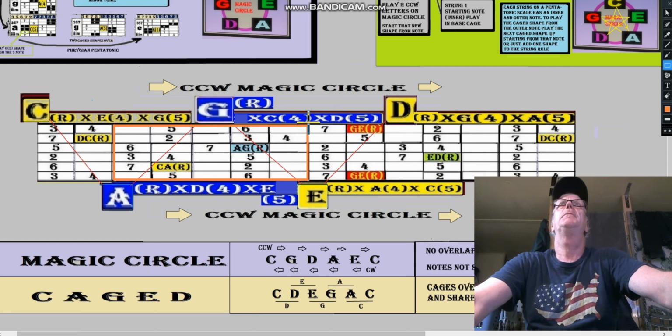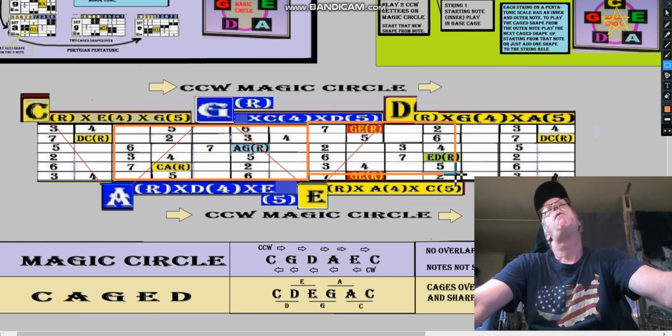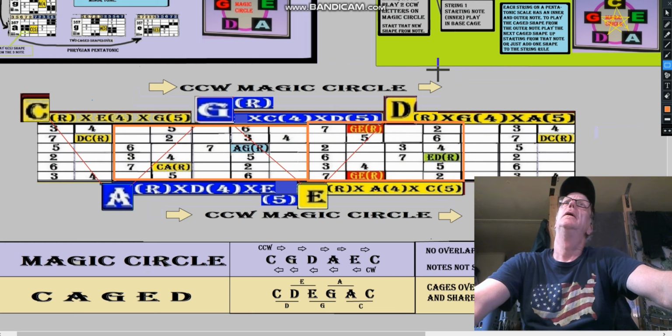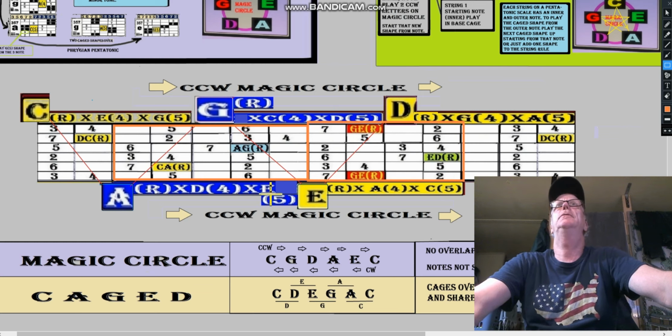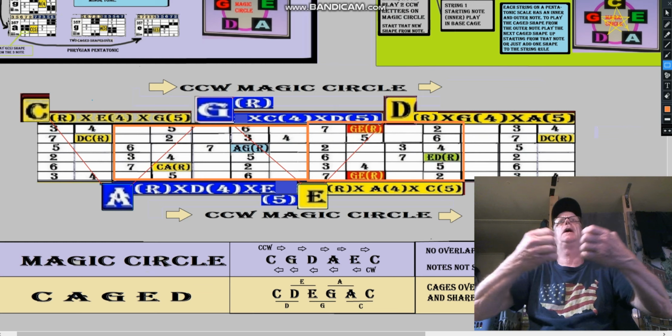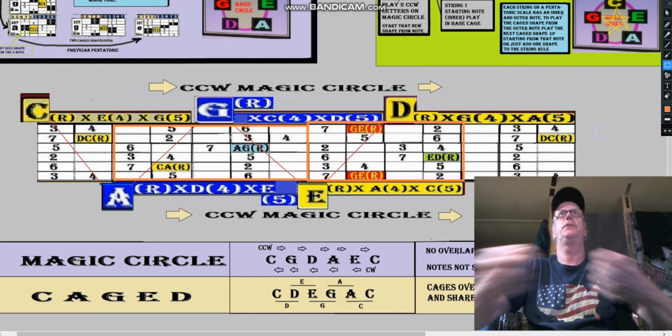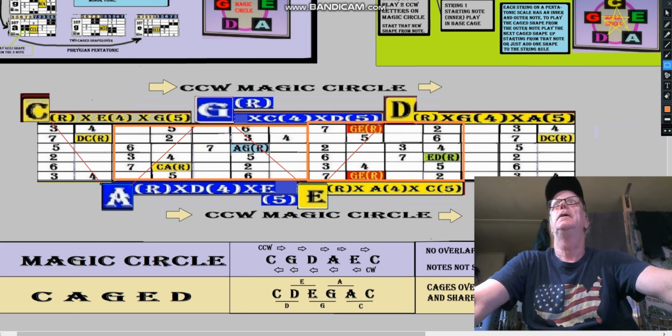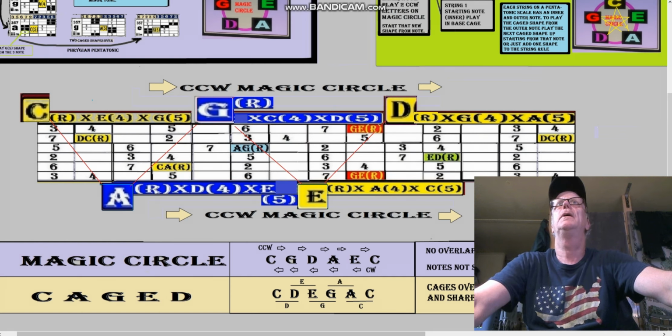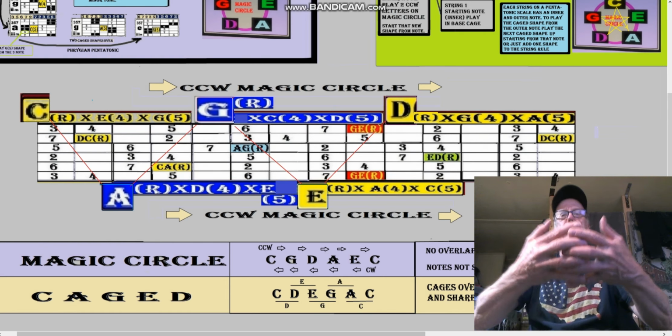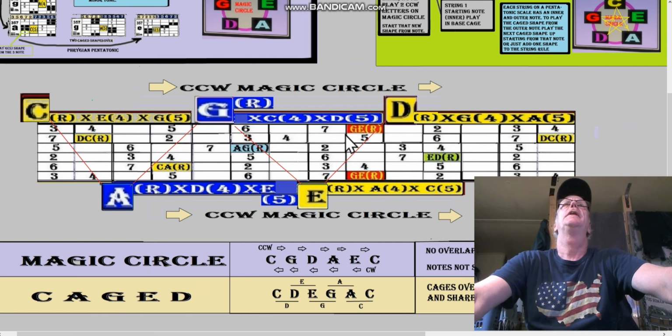And we have the E box here. So it kind of goes over itself, but if you look at it, those boxes don't share notes. So that's the difference.